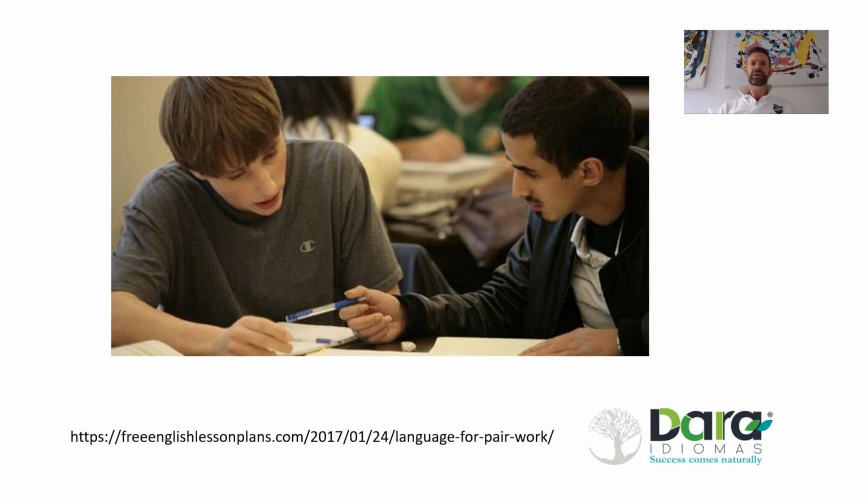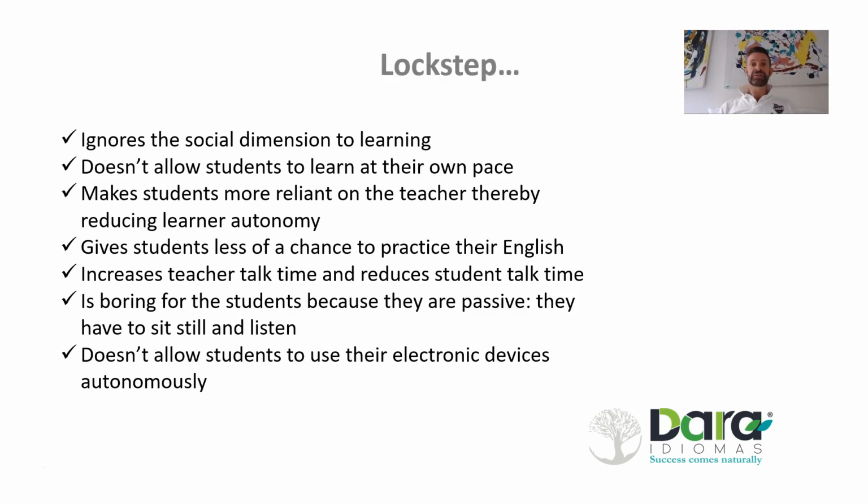So they obviously think that lockstep is something useful and positive, and we've seen that it can be, but there are some major disadvantages to lockstep. The first problem with using lockstep all the time is that it ignores the social dimension to learning. Learning is many things, but one aspect of learning is the social dimension.